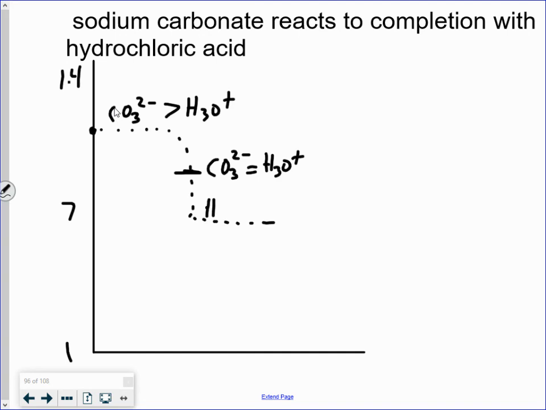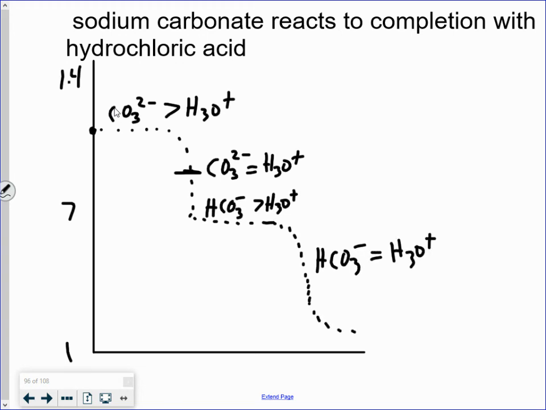So now we have the hydrogen carbonate ion in greater concentration than the hydronium ion, but it changes as well. And then now we have the hydrogen carbonate ion in the same concentration as the hydronium ion. And then at the bottom we have Steve. So you get this double bump graph.